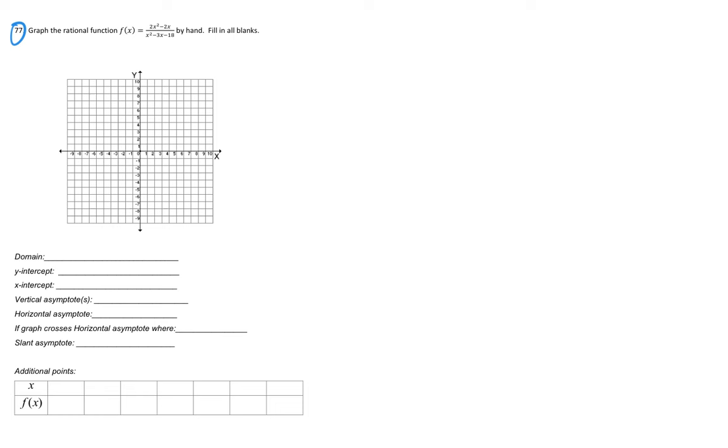So the domain is not, everything on top is okay. There might be values on bottom, particularly whenever that equals 0. x squared minus 3x minus 18 is equal to 0. That factors to x minus 6, x plus 3.